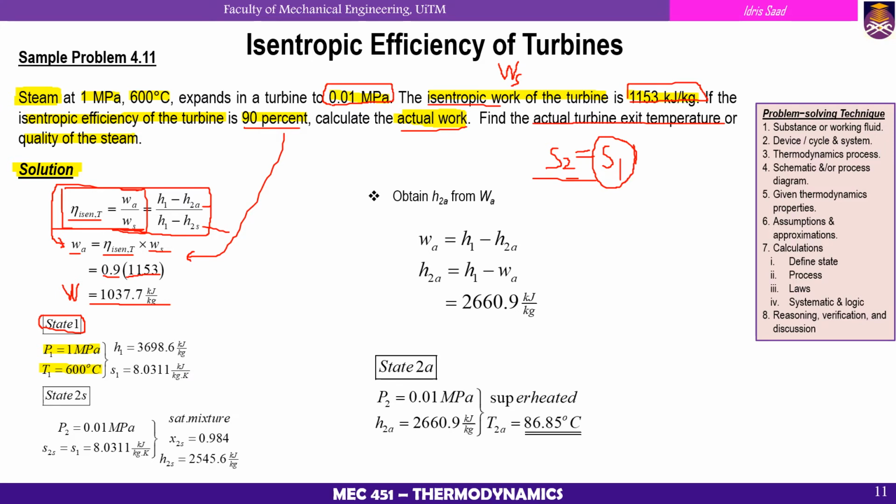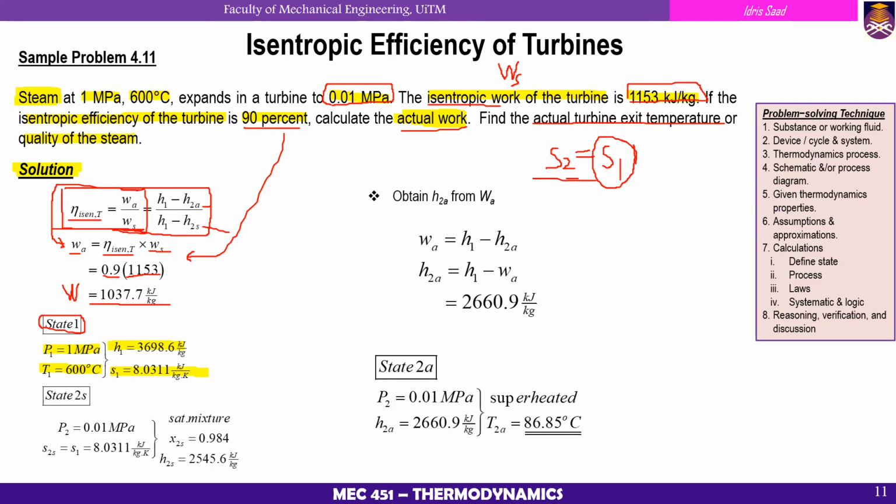Based on my calculation, I found state number 1 is in the superheated region. You have to do it on your own. Since it is in the superheated region, I can simply check table A6, superheated, and extract the data. H1 is equal to 3698.6 kilojoule per kilogram, and S1 is equal to 8.0311. So now I have S1.